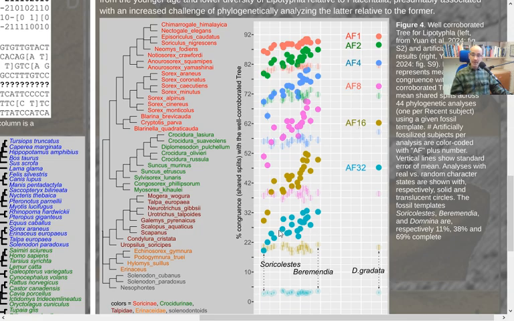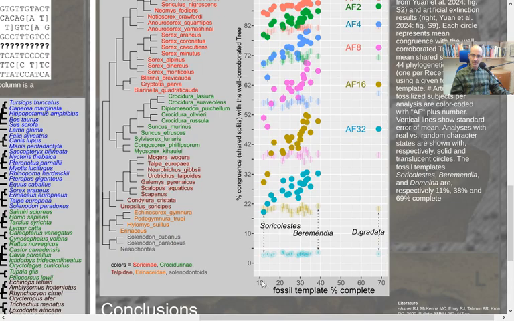And what's more is the slope of that line. Here on the x-axis, we have fossil template completeness, right? So our least complete fossil that we sampled in the Yuan et al. data set from last year, Proceedings of the Royal Society B, is this thing called Cercolestes, just barely over 10% complete. Baramendia is a fossil total group shrew.